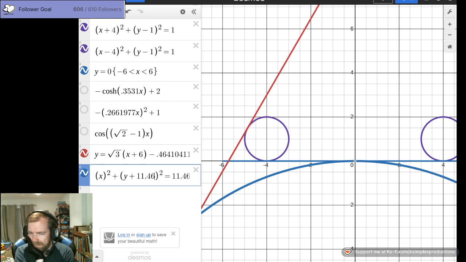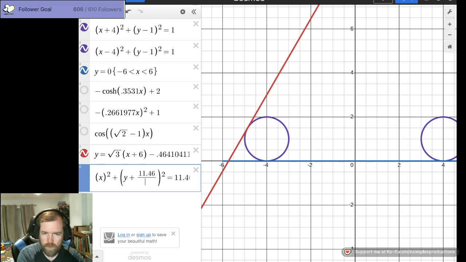Nope. So we need this to get us to the intersection point, over square root of 3.